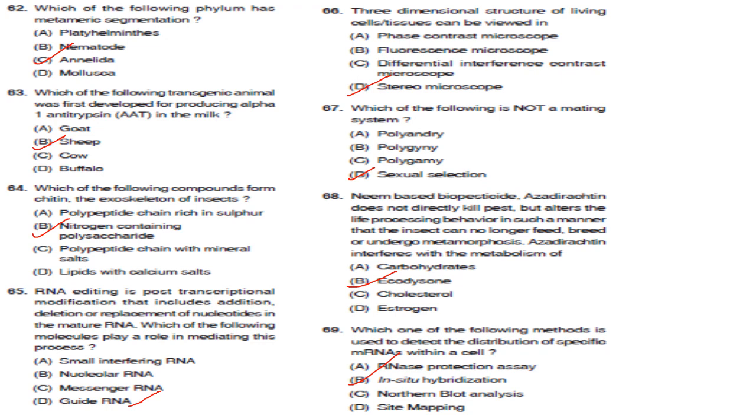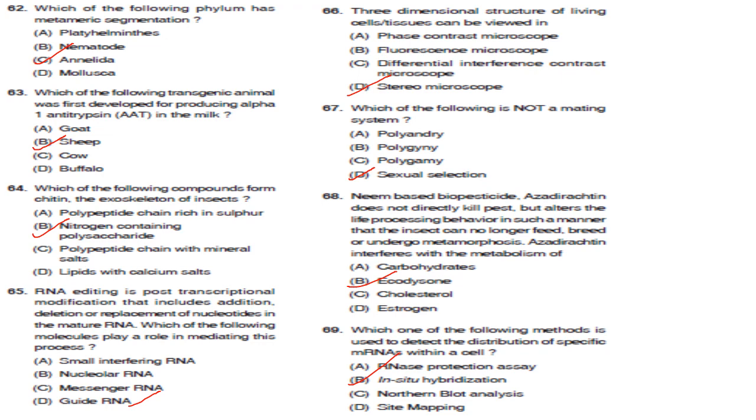Which of the following is not a mating system? Polyandry, it is a pattern of mating in which a female animal has more than one male mate. Polygyny is in which a male animal has more than one female mate. And polygamy is a pattern of mating in which an animal has more than one mate.